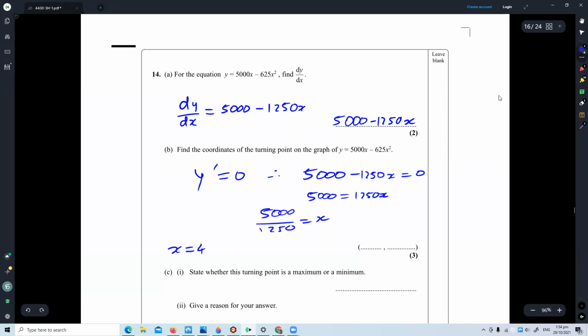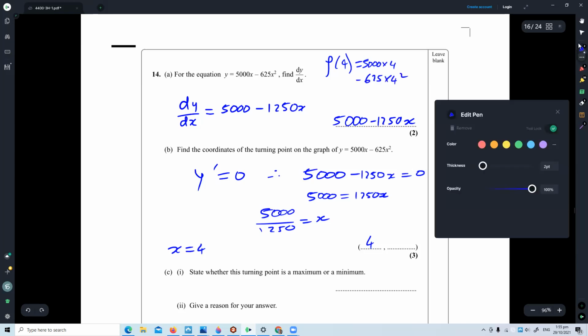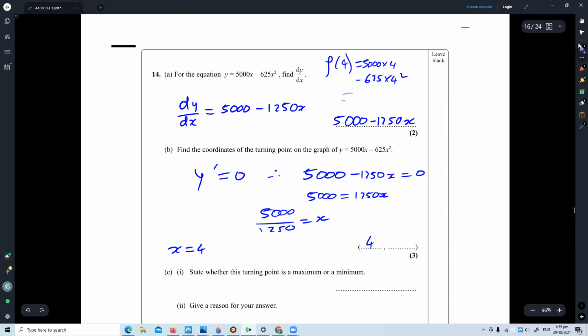So when x is equal to 4, I need to figure out the y coordinate. Well, the coordinate function is given to you up here. So f(4) is equal to 5,000 times 4 minus 625 times 4 squared. 5,000 times 4 is 20,000, but I can do that on my calculator. 5,000 times 4 minus 625 times 16 is 10,000.